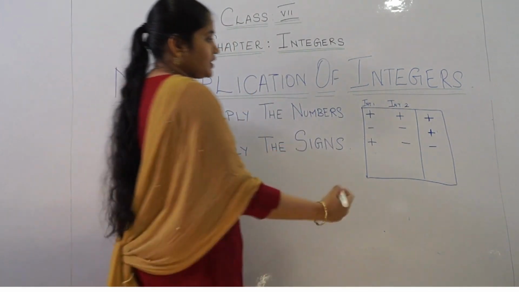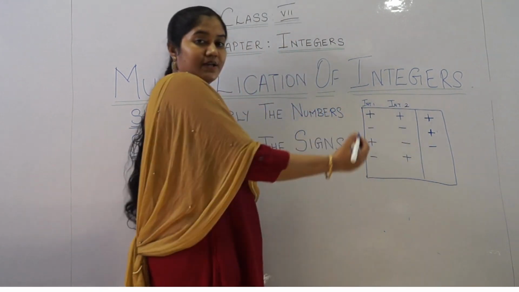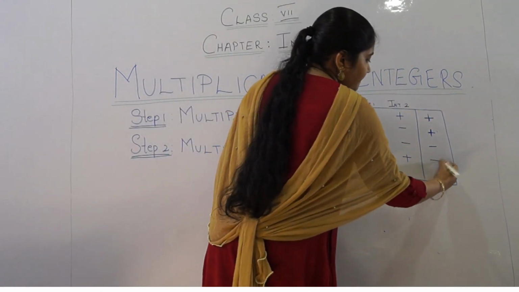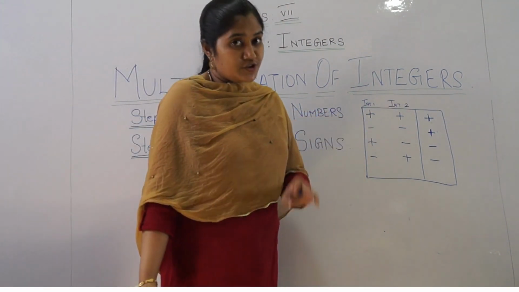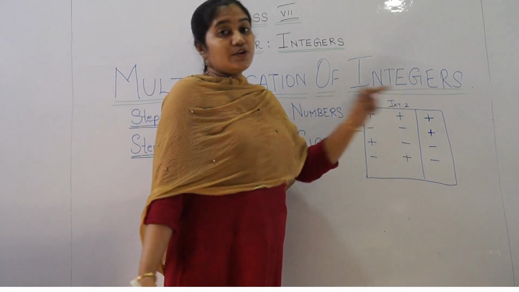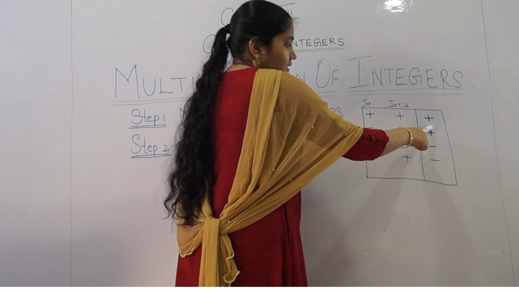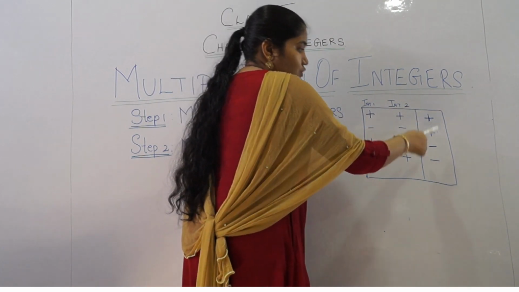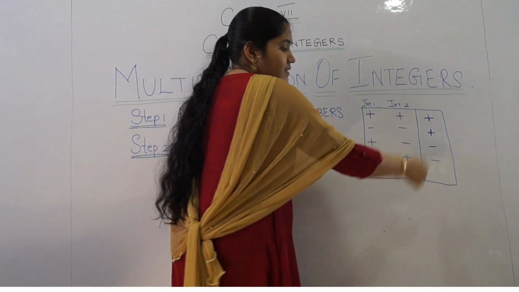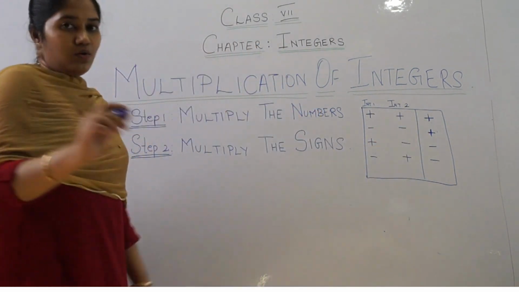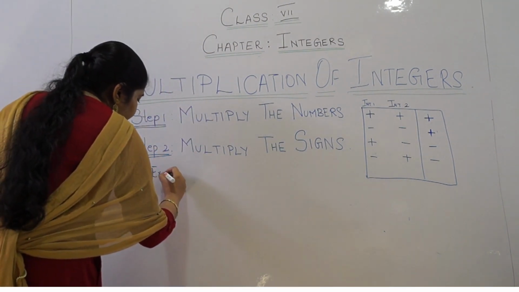And the fourth type is my first integer is negative, second integer is positive, minus into plus will also give you minus. But children, please remember, only two integers are taken here. So plus into plus is plus, minus into minus is also plus, plus into minus is minus, minus into plus is minus.